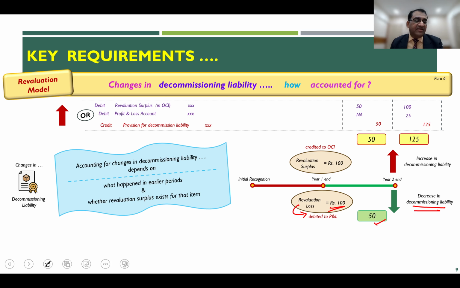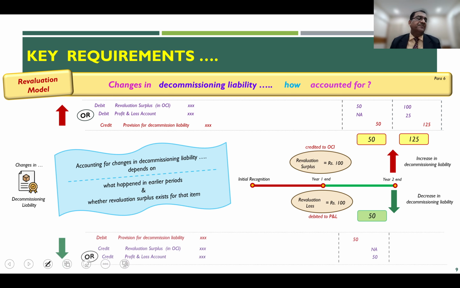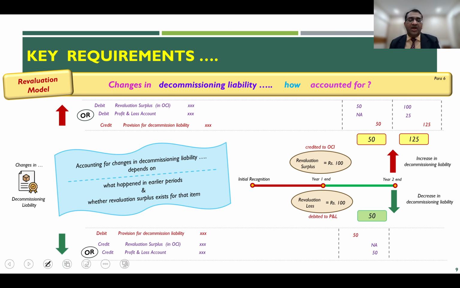Now this is not an increase, it's a decrease. It's like a benefit which you have in your liability. And therefore, if there is a decrease of 50 rupees in the decommissioning liability, then you will reduce the decommissioning liability. Your debit will be 50 rupees and the credit in this case will go to P&L. Why is it going to P&L? Because this is lower than what you have already debited to P&L.